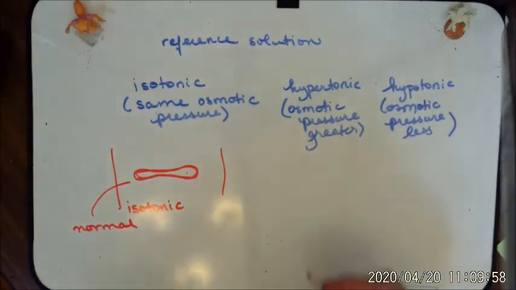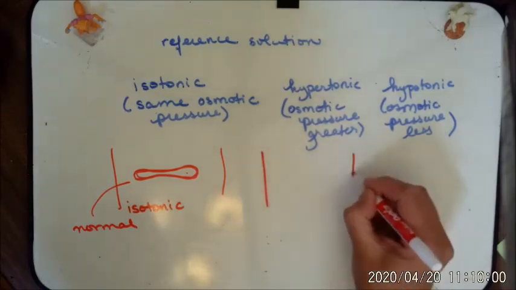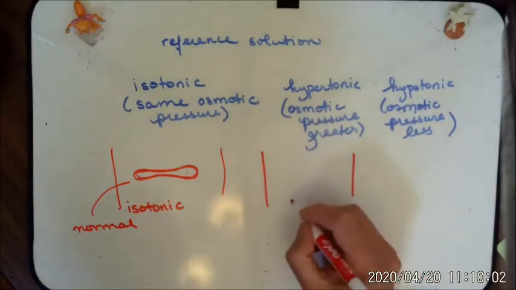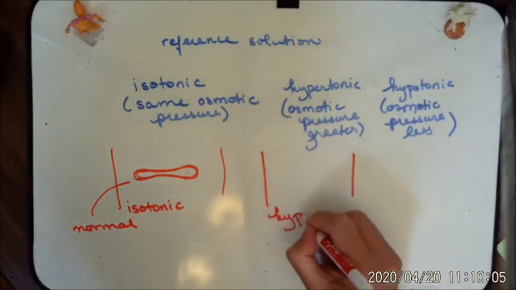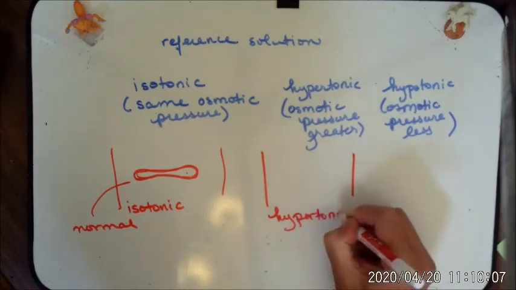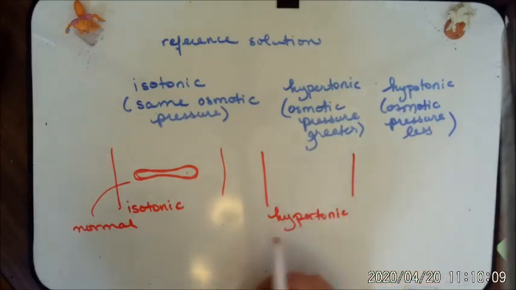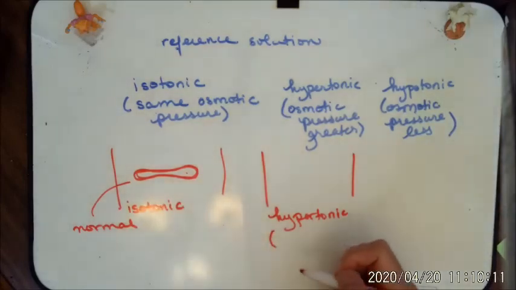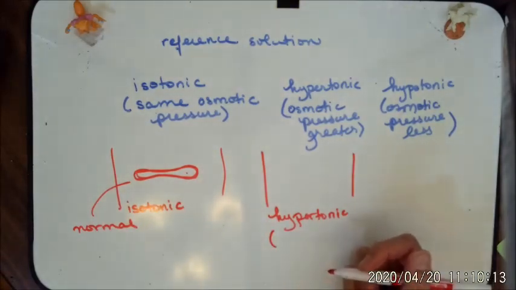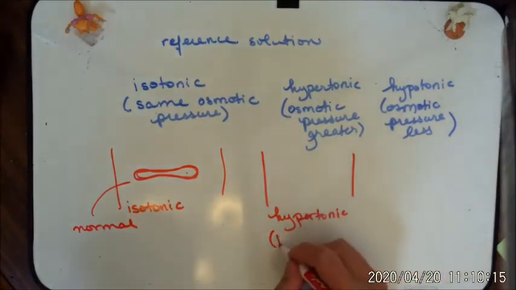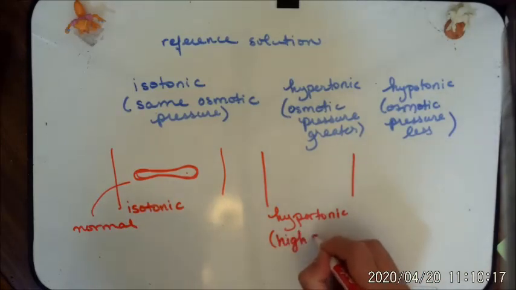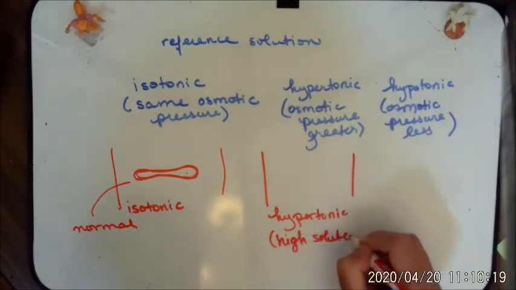If, however, my outside plasma is hypertonic, what this means is that this has a high solute concentration.